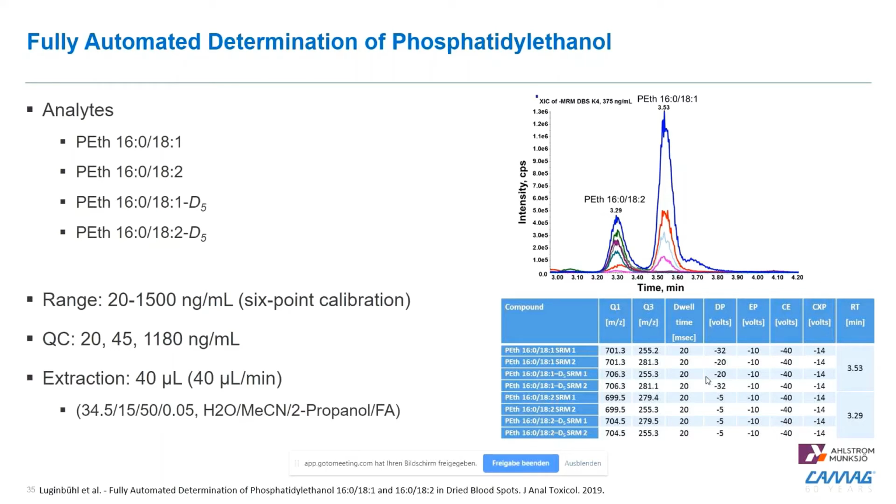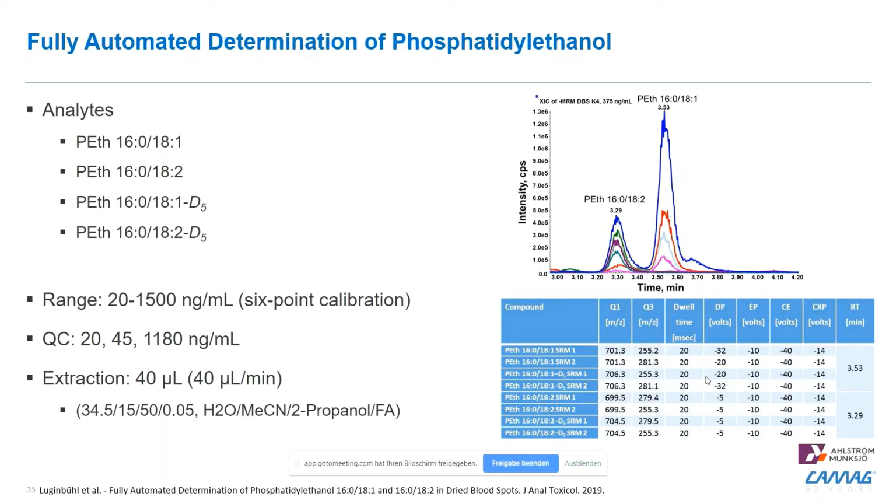We included both internal standards, PEth 16:0/18:1-D5 and PEth 16:0/18:2-D5, to get our method more accurate. These compounds were produced in-house out of a phosphatidylcholine reaction. The range of the method is from 20 to 1500 nanograms per milliliter based on a 6-point calibration on a normal basis.